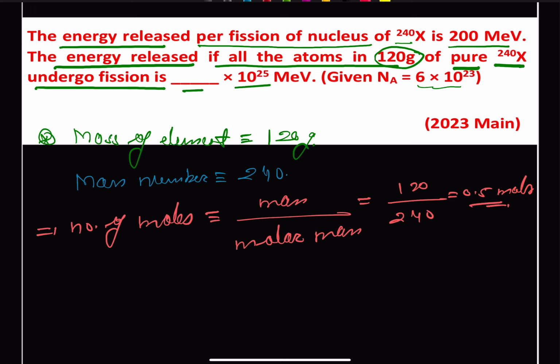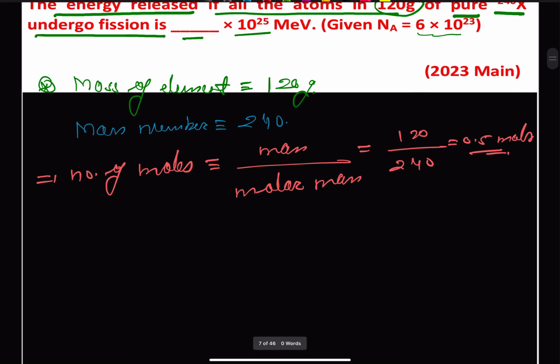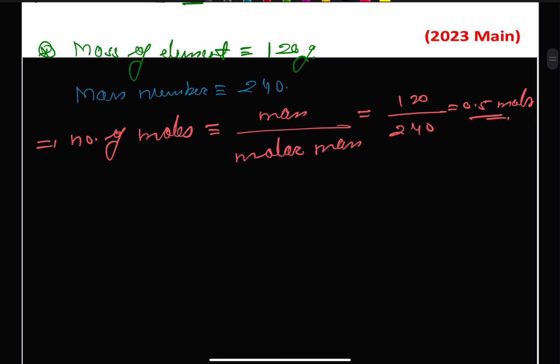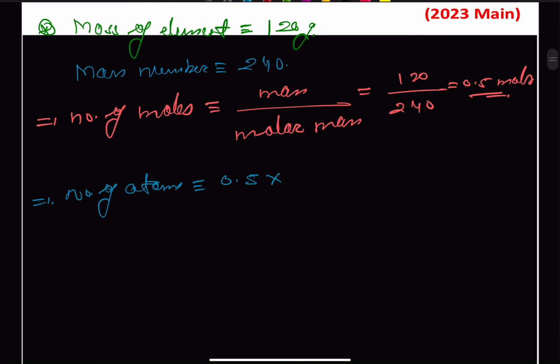And from these moles we can easily find out the total number of atoms. So we can say number of atoms is moles, 0.5, times 6 into 10 to the power 23.